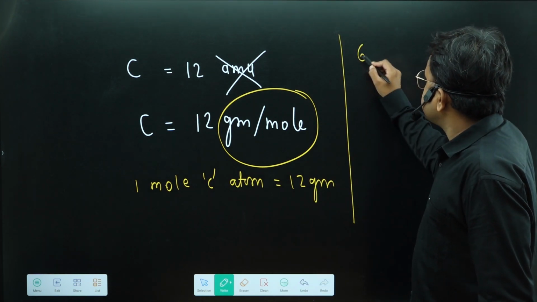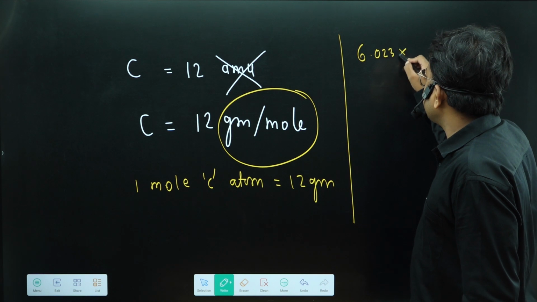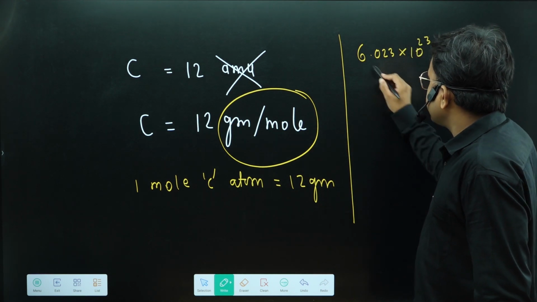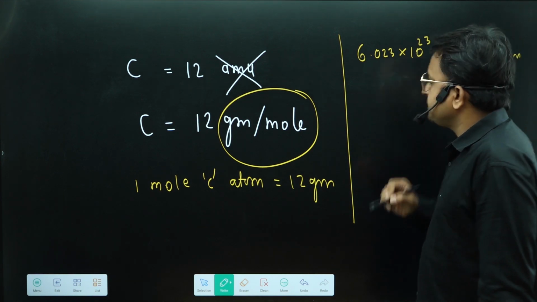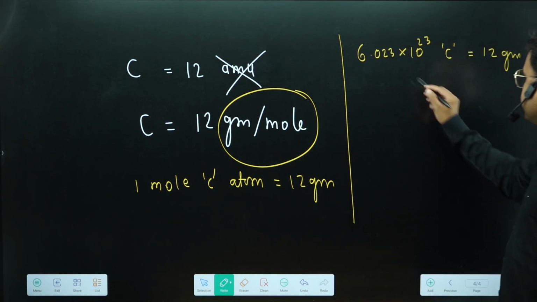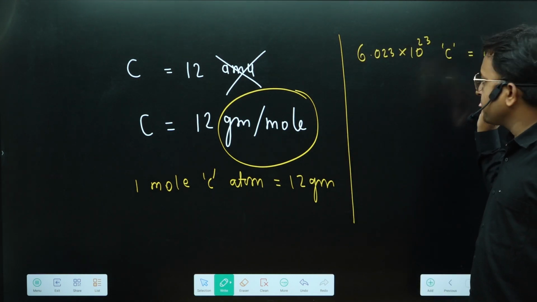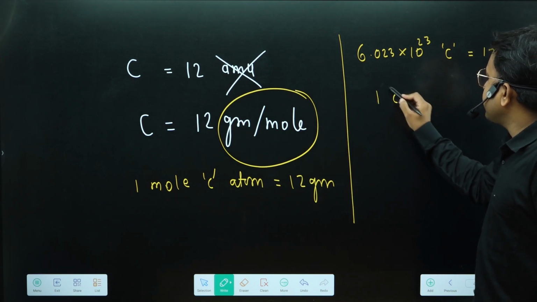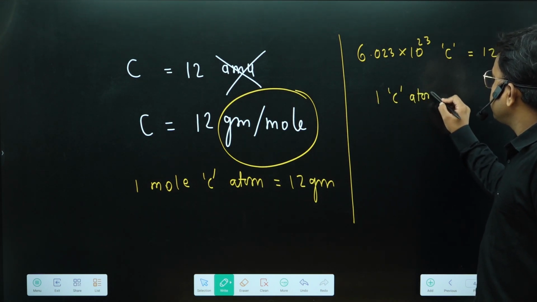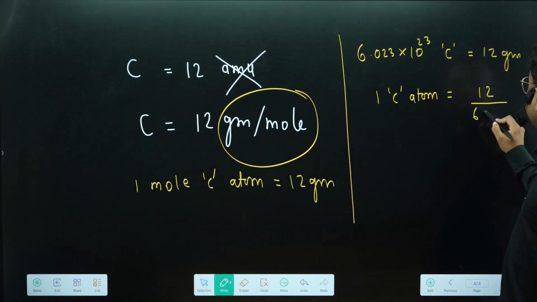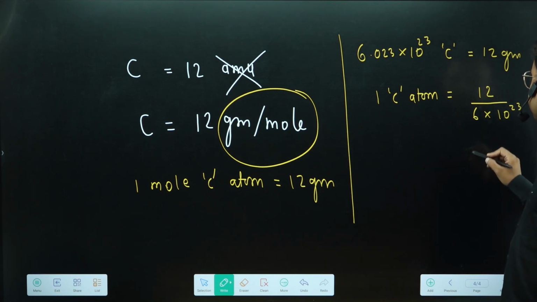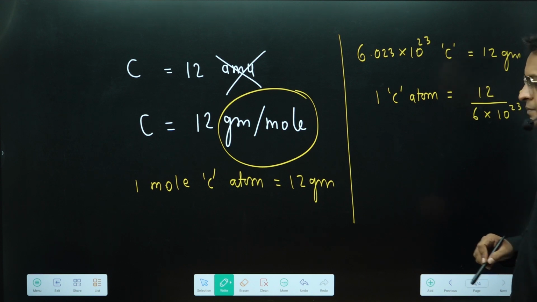This means 6.023 into 10 raised to the power 23 carbon atoms have a mass of 12 gram. So, 1 carbon atom has a mass of 12 divided by 6 into 10 raised to the power 23 in grams.